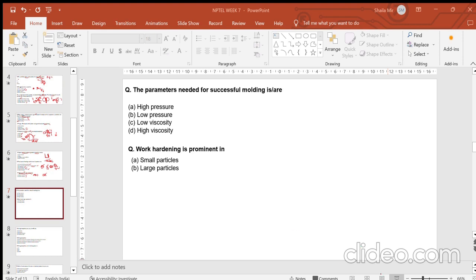I think the answer is 0.82 revolutions per second, right? But what we asked is the operational speed. We know that the critical speed, n critical, is less than the operational speed by 40%.